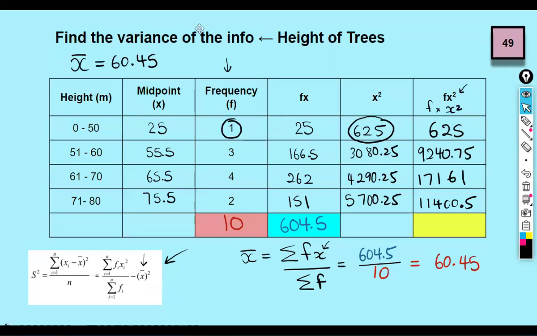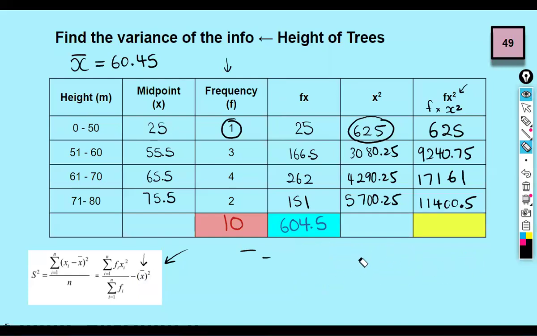I'm writing the mean up here because I need the space down here. To find the variance, we're supposed to take sigma fx squared, so I add up everybody in this column.